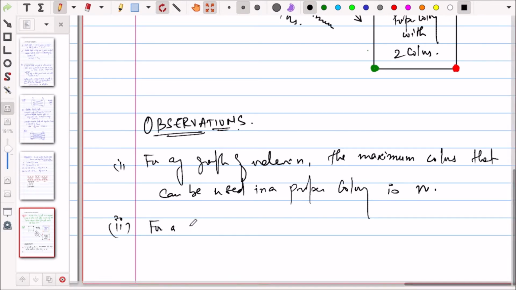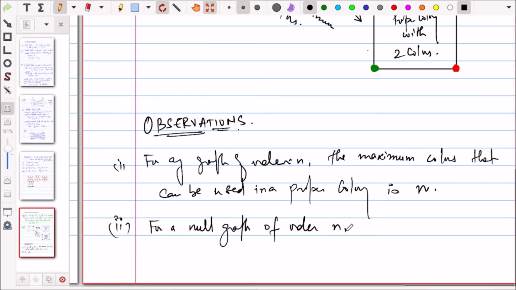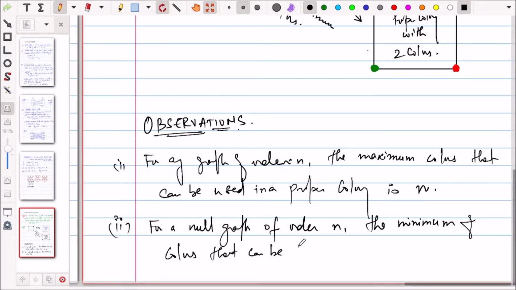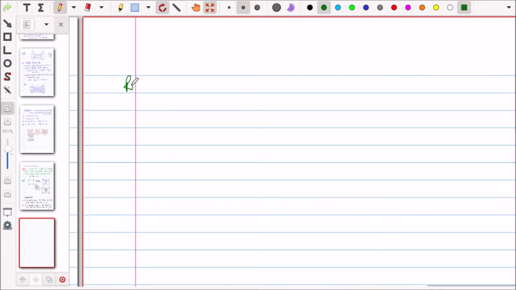Second, for a null graph of order n, the minimum number of colors that can be used in a proper coloring is 1. Reason: no two vertices are adjacent.